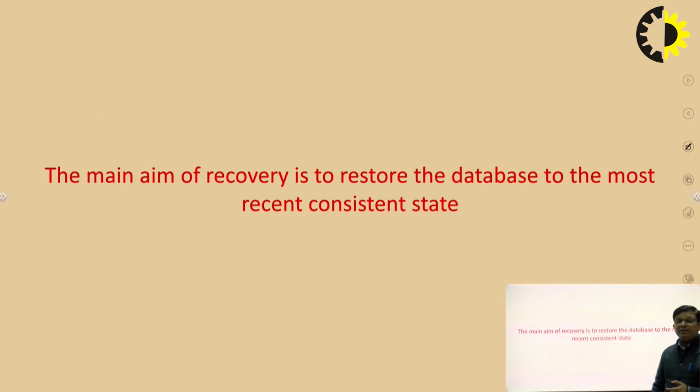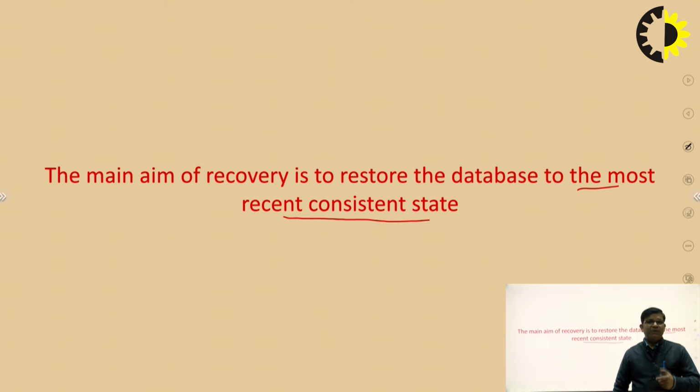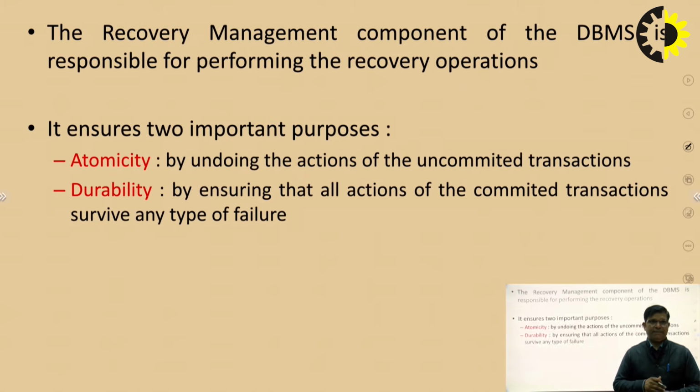The main aim of recovery is to restore the database to the most recent consistent state. If we want to recover our database and our transaction, we recover to the most recent consistent state, so that the database holds the consistency property.